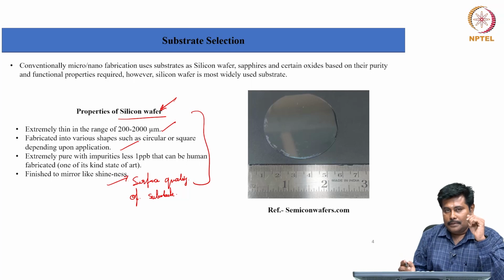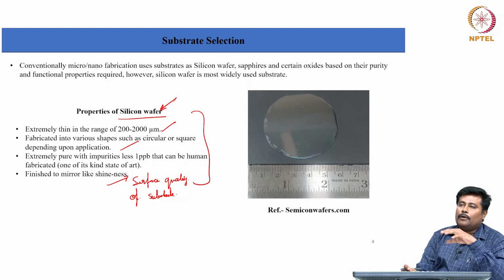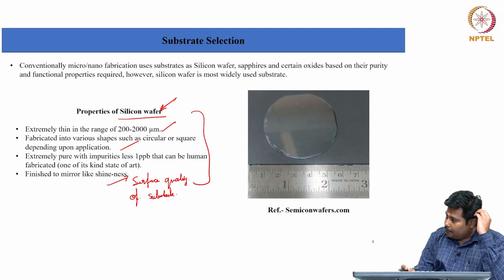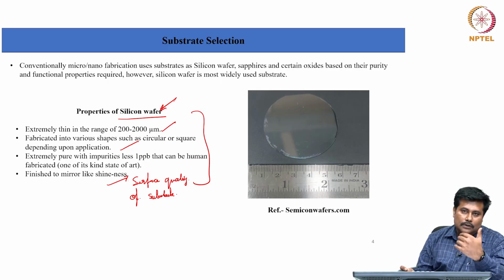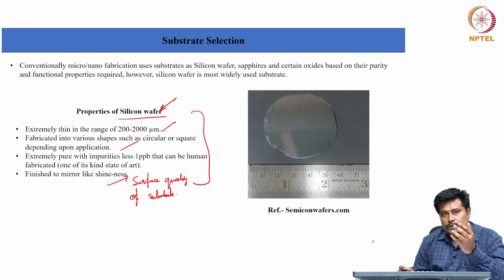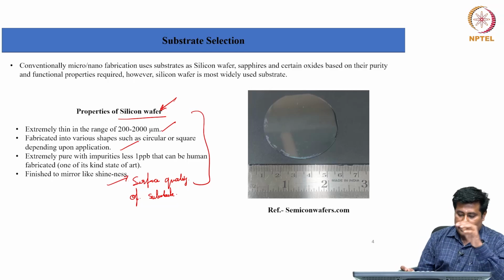For instance, suppose we are designing a micro robot for an underwater application. It is expected that it should have a hydrophobic capability, so that the water doesn't stick onto the surface. In certain cases, we may need micro robots which have a hydrophilic capability.